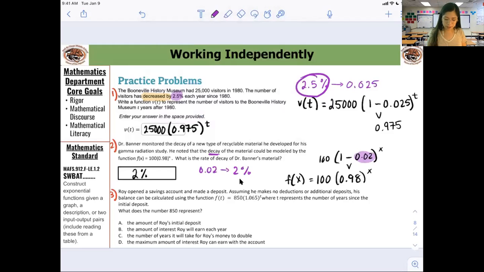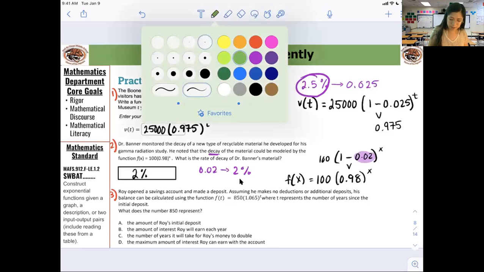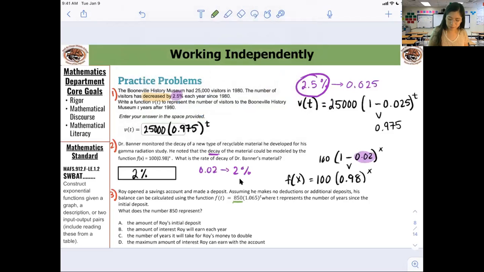We have our function. What does the 850 represent? At first I was going with A or D, but then I started to realize more about it. So it's A. It is A. Remember, guys, that's your y-intercept. That's your initial amount.